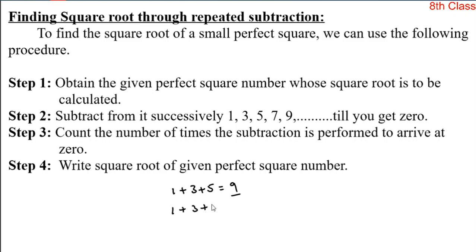The sum of the first four odd natural numbers is 16, which is a perfect square number. That means when you add the first n odd natural numbers, the result is a perfect square number. Here we are using that property to find the square root of a perfect square number.